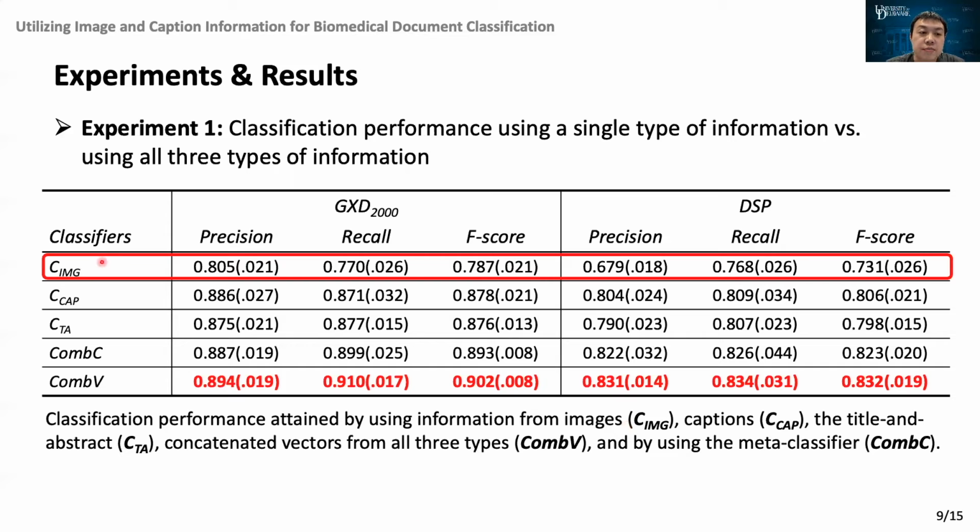From this table, we can see our classifier, CImage, utilizing the figure words alone, attained F-score of 78% over the GXD2000 dataset, and the F-score of 73% over the DSP dataset.